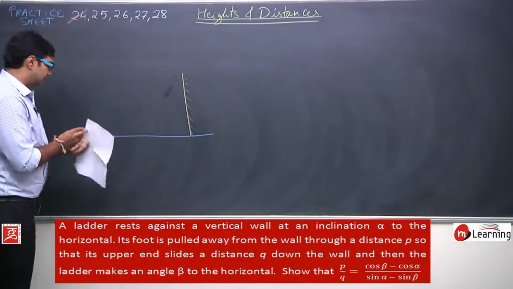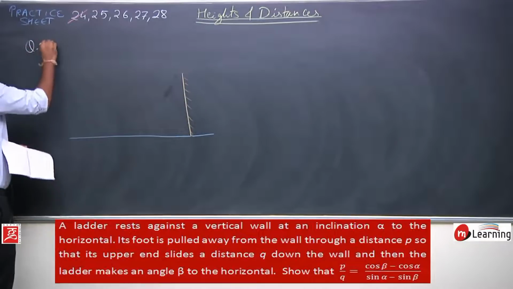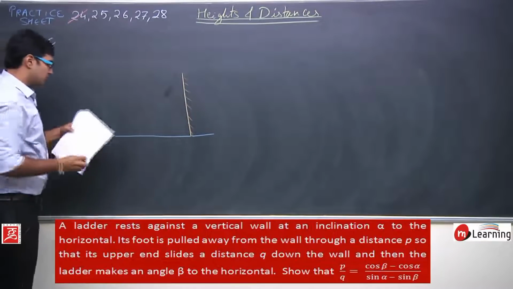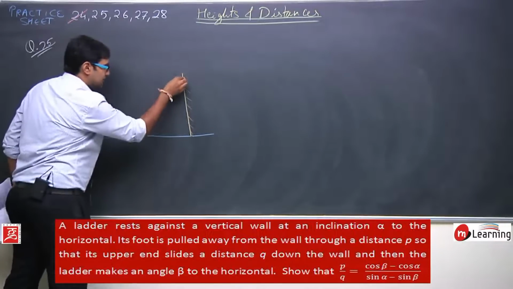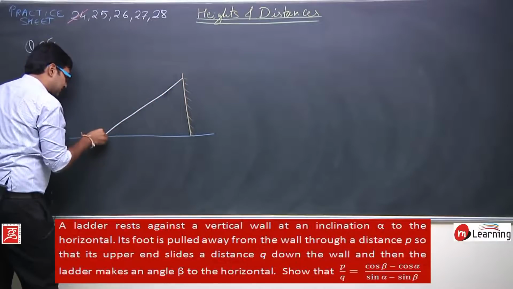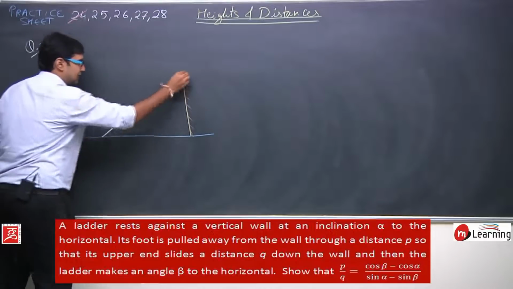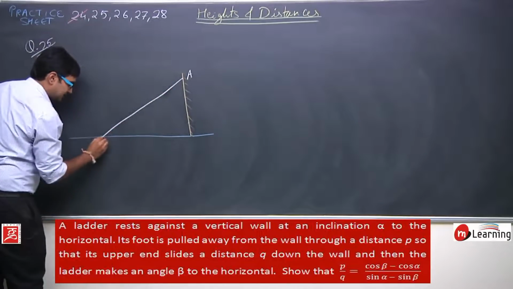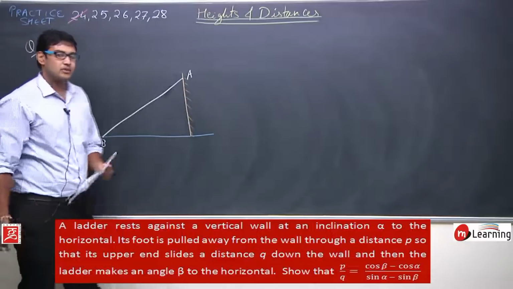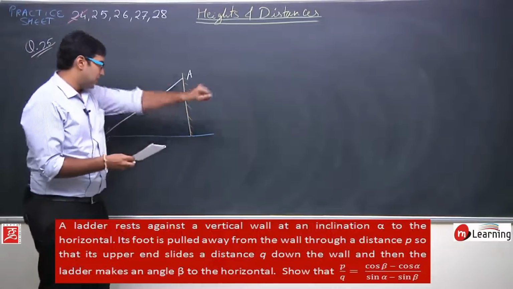So this is question number 25. If I try to draw the ladder, it is something like this. Let us say AB represents the ladder.